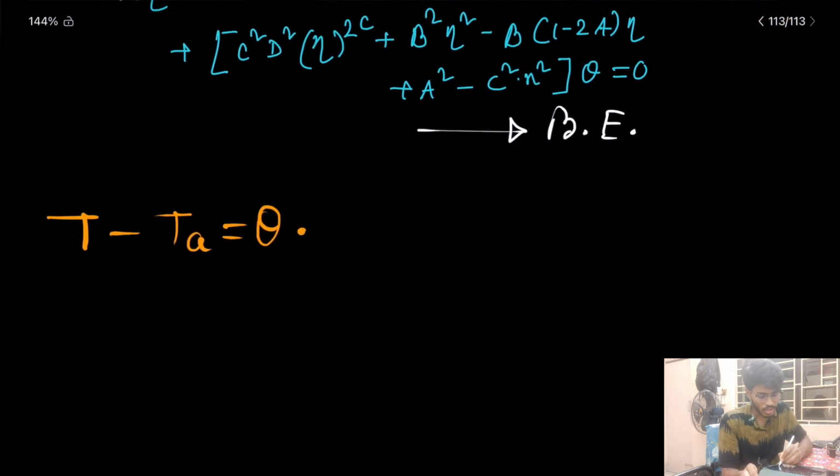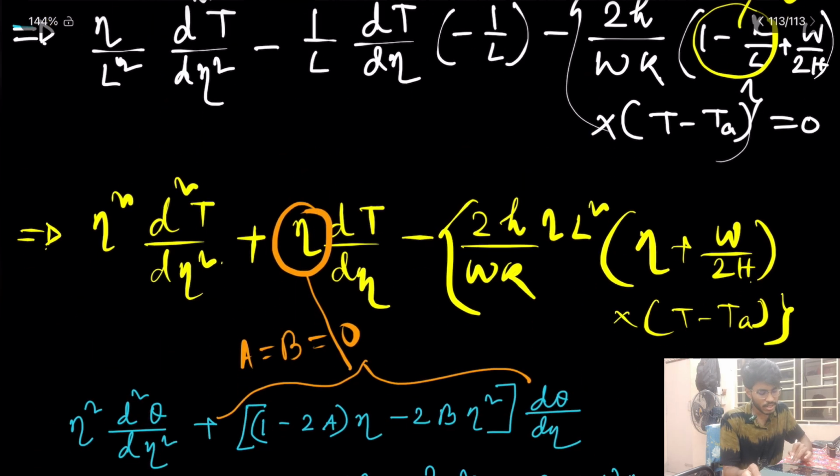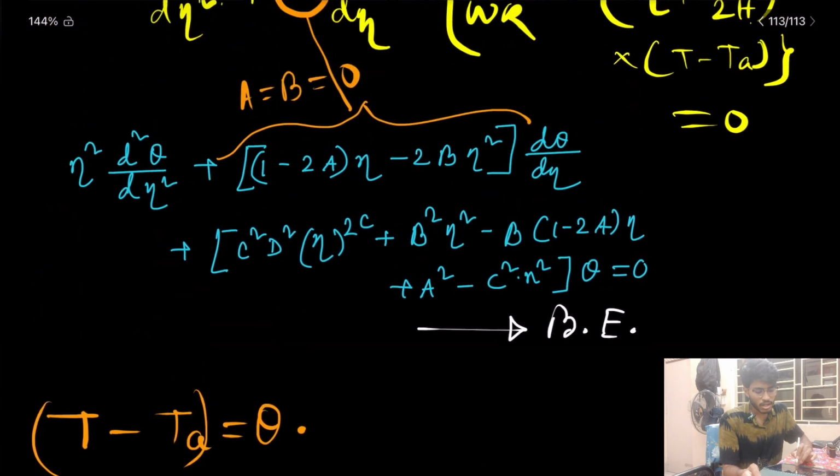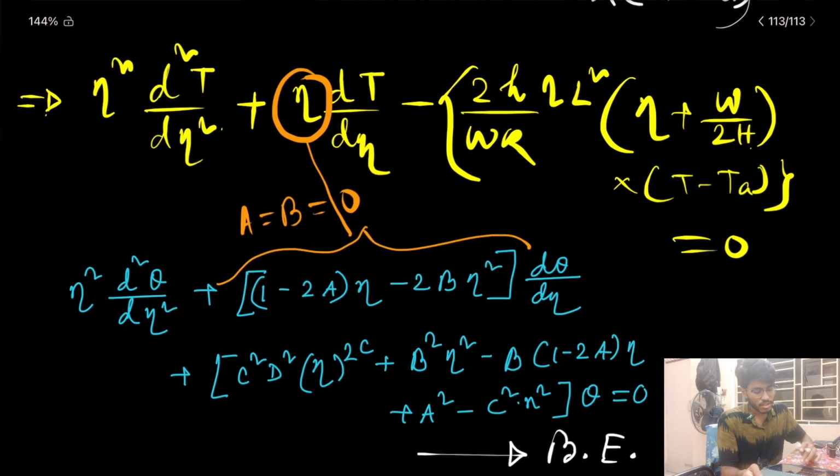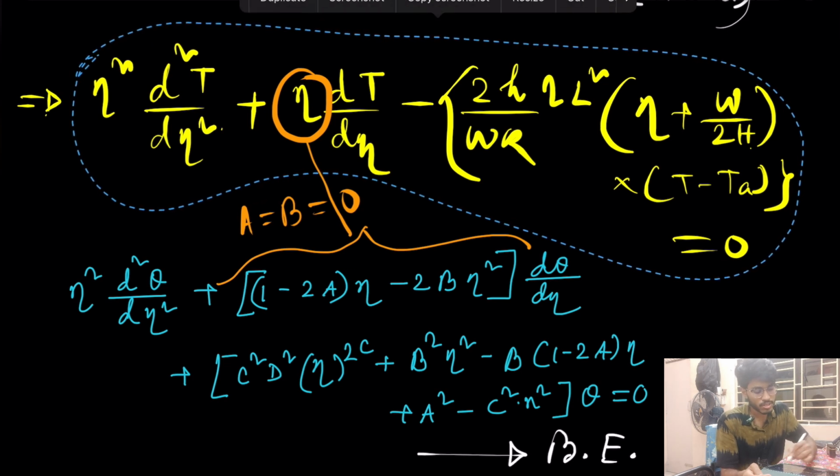So if I now define this one, in this equation nothing much will change, so let me copy this equation, because there will be just one change. I will not write the whole equation again.